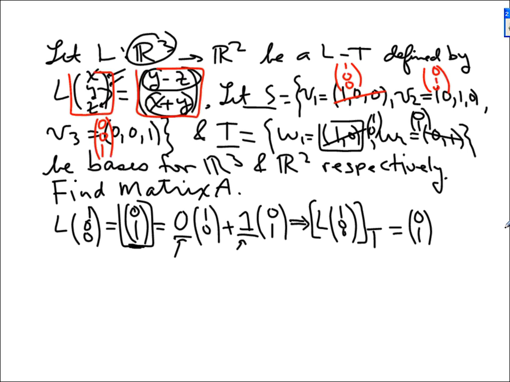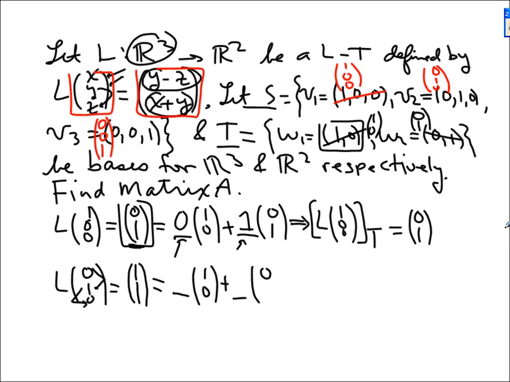Now I take L of the second vector in S, which is 0, 1, 0. I do the second minus the third. 1 minus 0 is 0. And then I do the first plus the second, x plus y. 0 plus 1 is 1. I get 1, 1. But I want to write this in terms of basis T. I want it to be a multiple of 1, 0 plus a multiple of 0, 1.